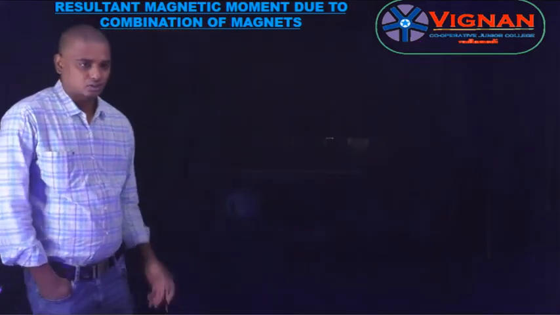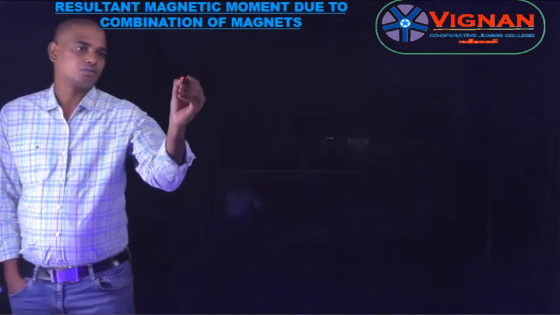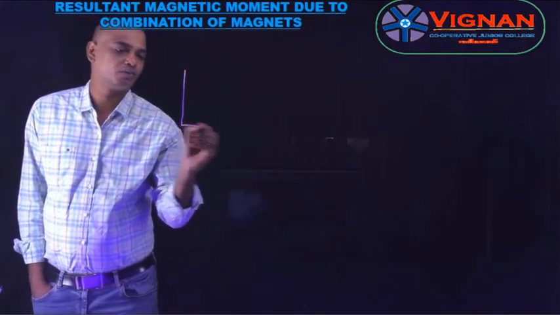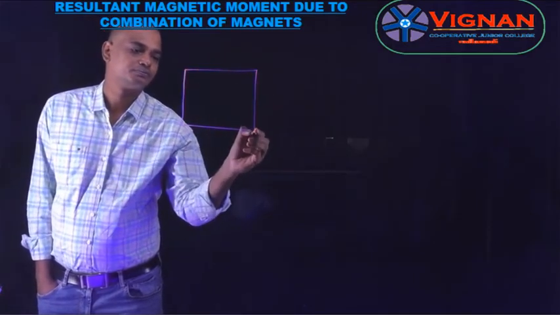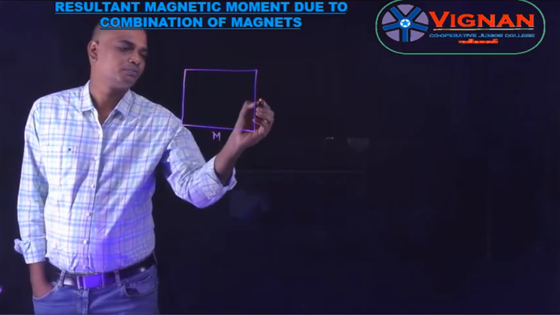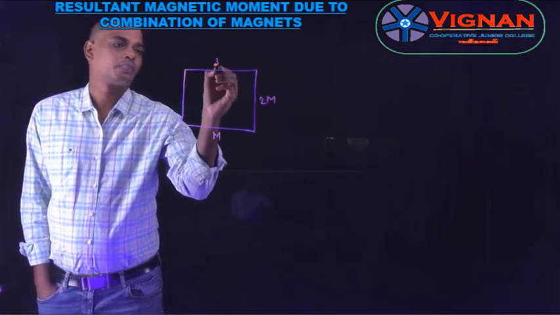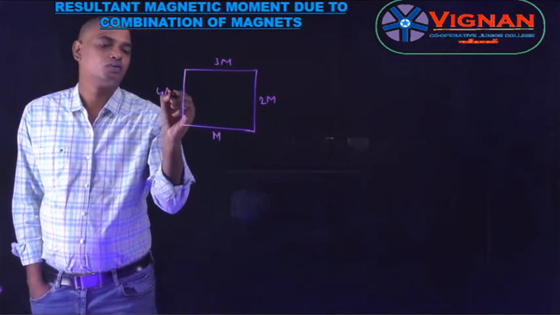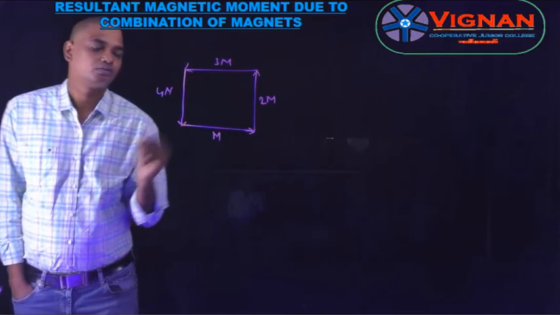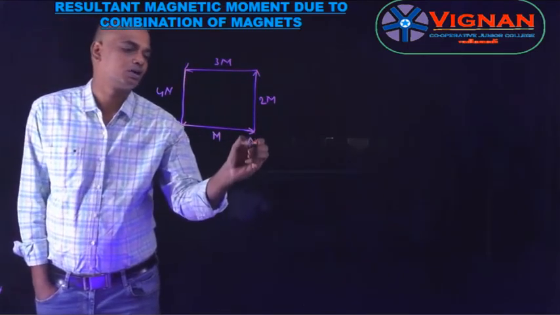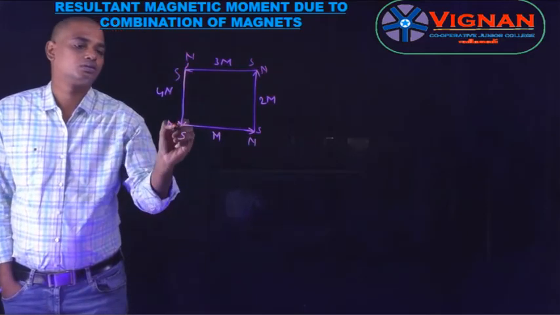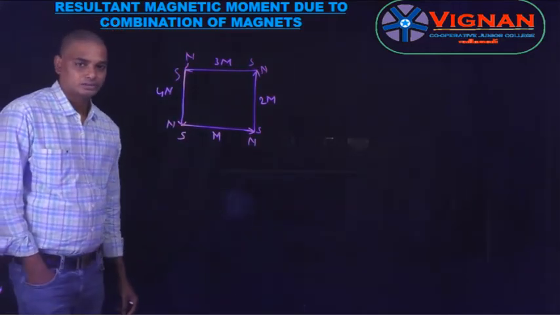So next, the question is given like this. A combination of 4 bar magnets placed in the form of a square. Here it will have m, 2m, 3m, 4m, and the directions of the magnetic dipole moment are south to north, south to north, south to north, south to north.